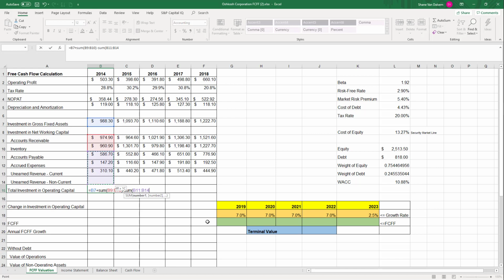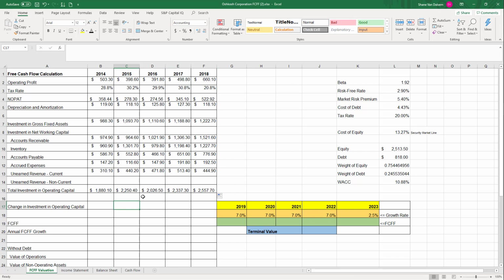And if you want to, just because you'll need to do it for Renaissance, I just included that unearned revenue non-current in there as well, although it's not worth anything. So we get our total investment in operating capital for each year. So what that means is that in 2018, the firm invested $2.56 billion in operating capital.